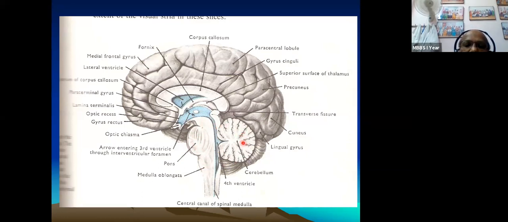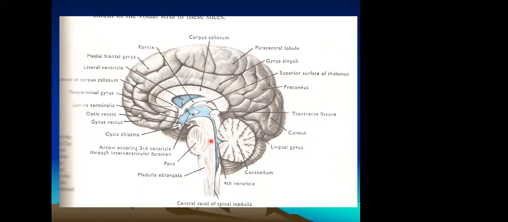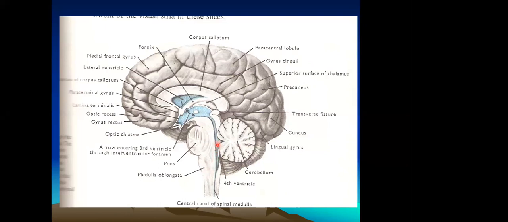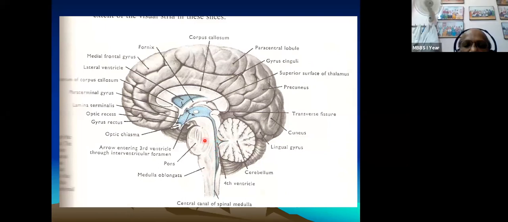Pons and cerebellum are called the metencephalon. Now this is the myelencephalon. So this is the fourth ventricle. What you see here between the pons, medulla, and cerebellum is the fourth ventricle. Are you clear now?